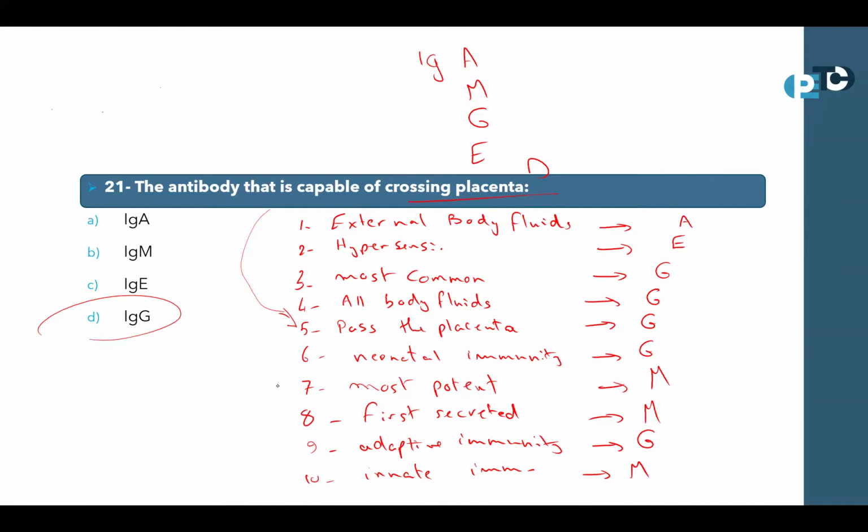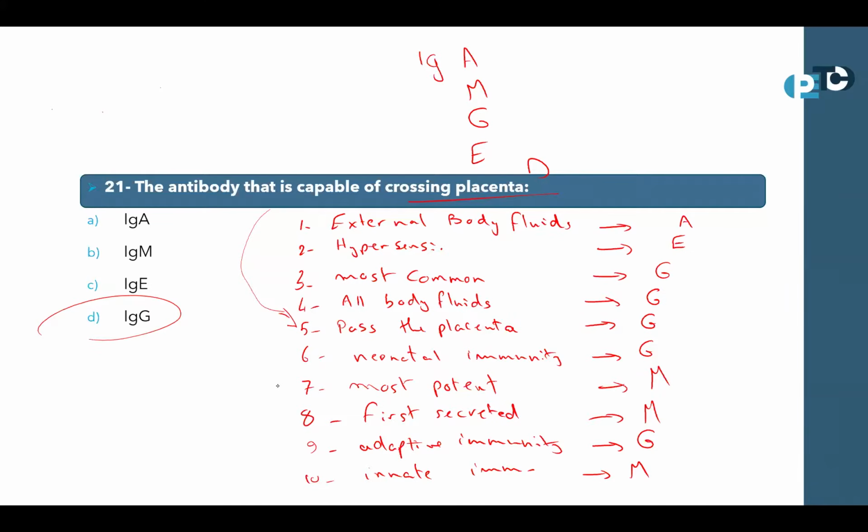Yes, do you have a question? So what is the difference between most common and most potent? Most common refers to the number of immunoglobulin, the one with the greatest number.